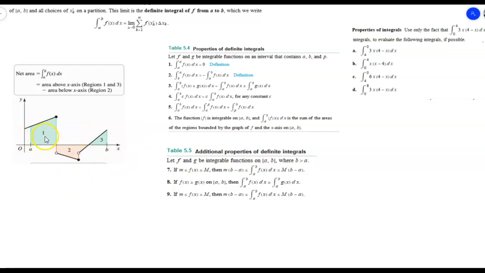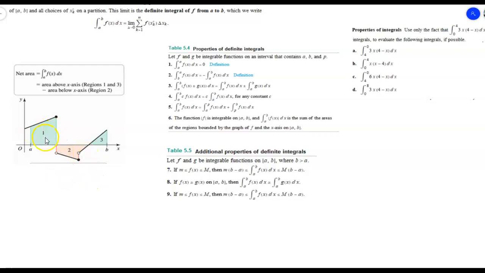So you have some positive area, some negative area, and some more positive area. It is possible, even with something like this, that if the area above the x-axis is equal to the area below the x-axis, then that definite integral will equal 0 because it'll cancel each other out.